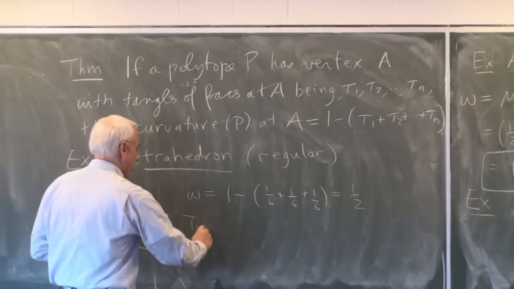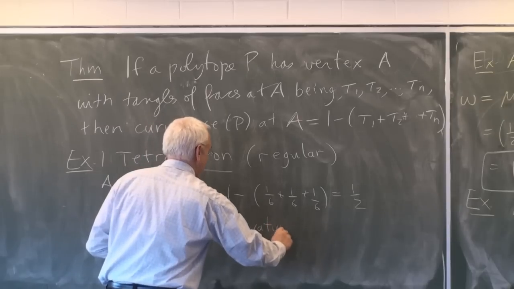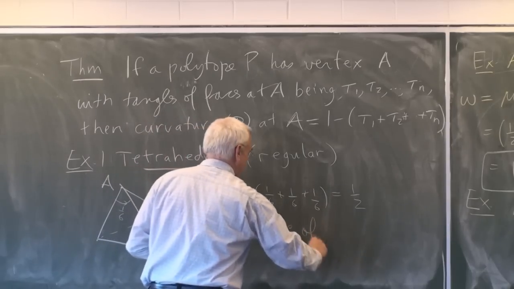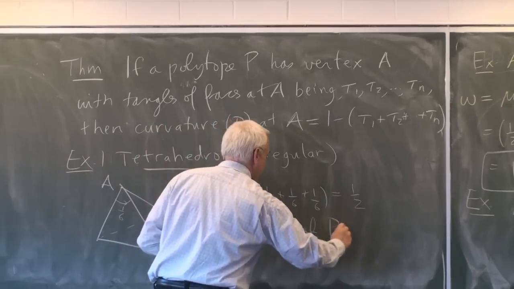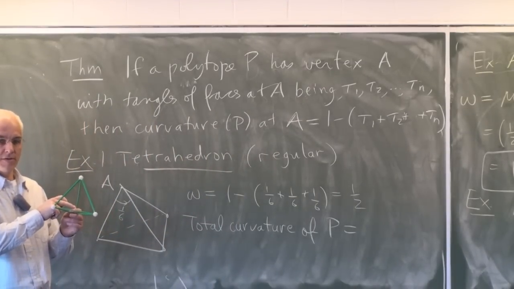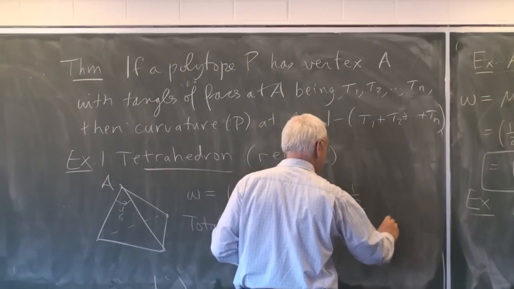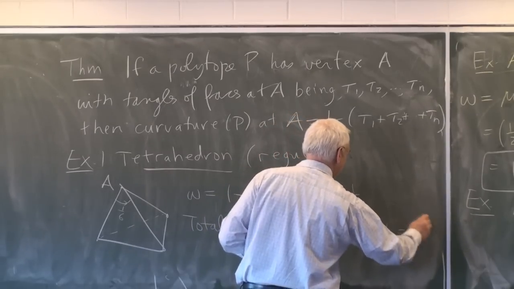And the total curvature of the entire polytope, well, there are 4 vertices. So we have 4 times 1/2, which is 2.